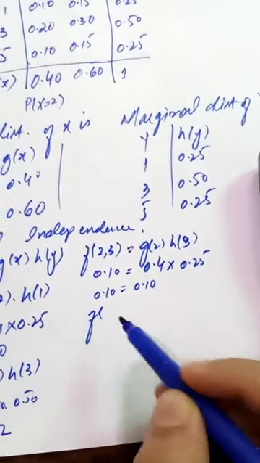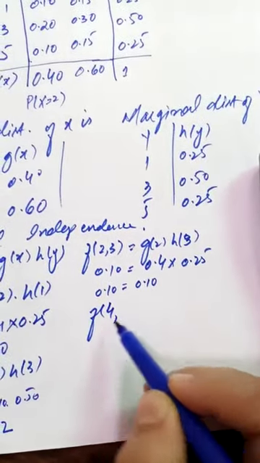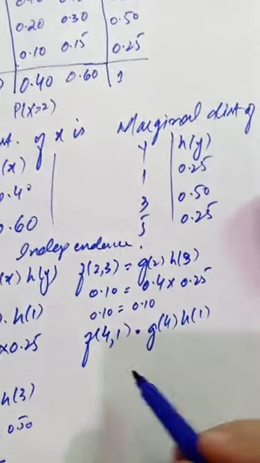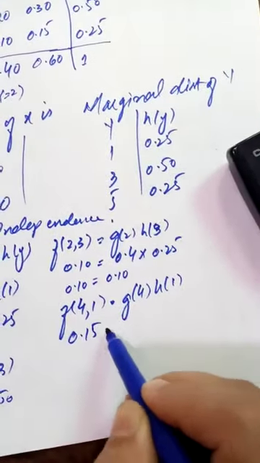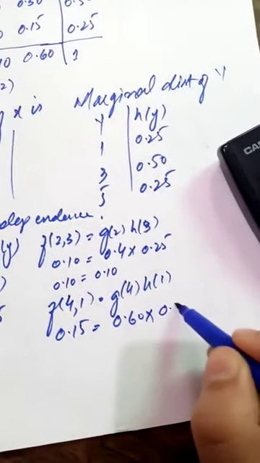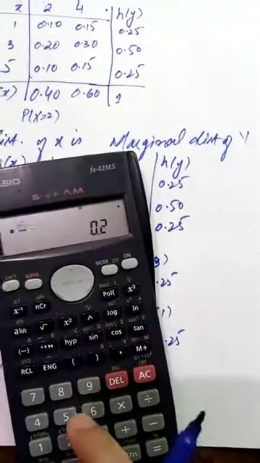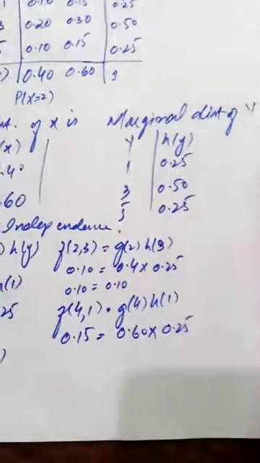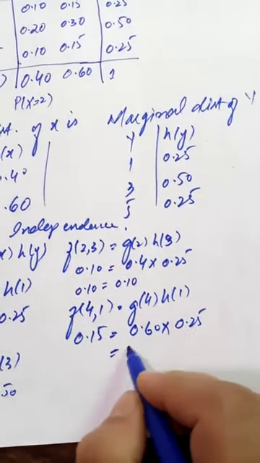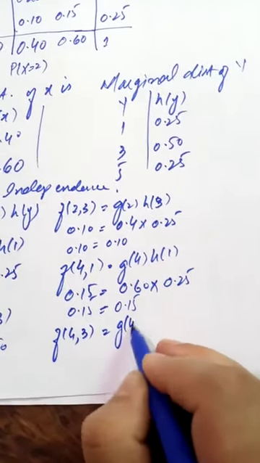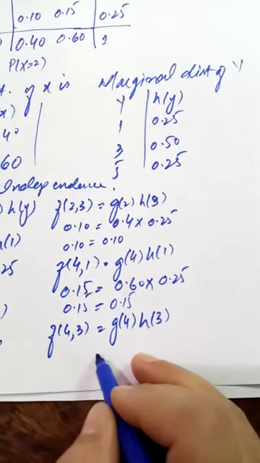Next, let's take the values for x equals 4 and y equals 1: g of 4 into h of 1. g of 4 is 0.60 and h of 1 is 0.25. Let's multiply: 0.6 into 0.25 is 0.15. So this also follows the rule of independence. Now f of 4, 3 should be g of 4 into h of 3.